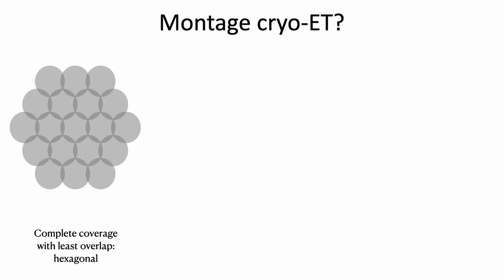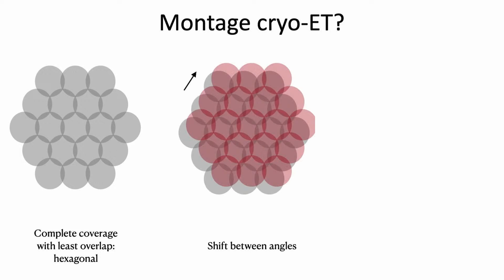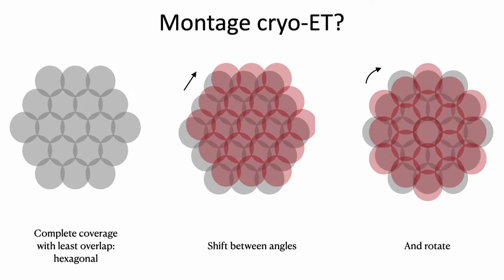Most of the material is exposed once, but some of it is exposed twice. If this is the pattern you took at 0 degrees, once you tilt the image, we studied what's the best way to shift the pattern or rotate it between angles so that the areas of your sample that take a double hit of dose in this tilted image are different than the ones in the first image. We studied lots of ways to do this.